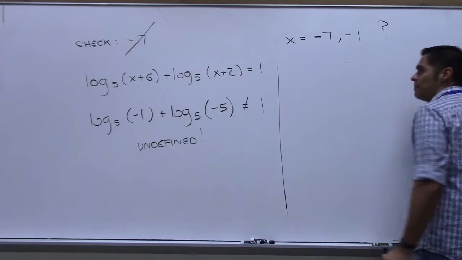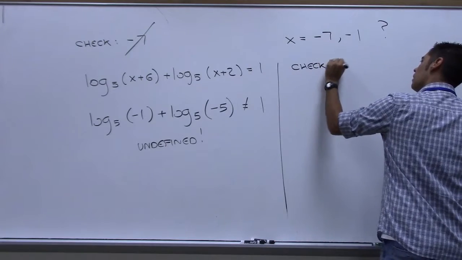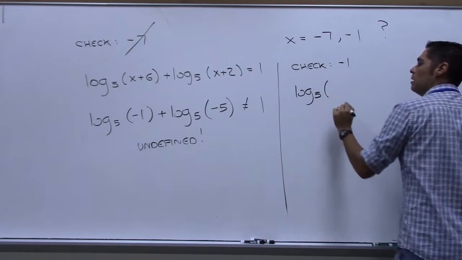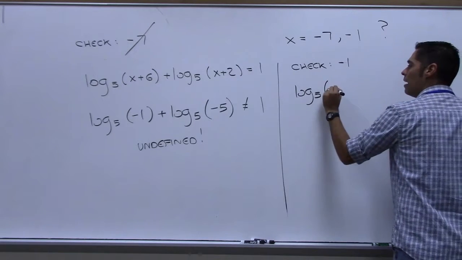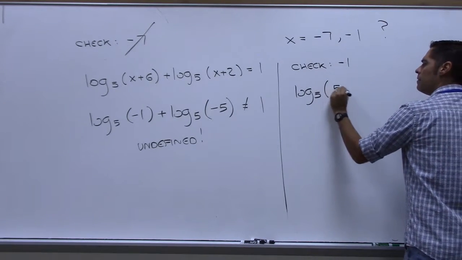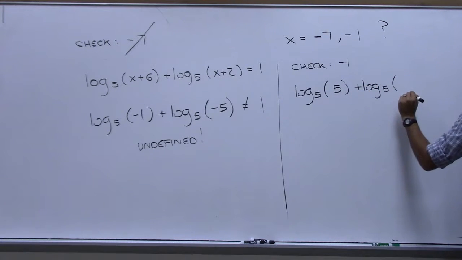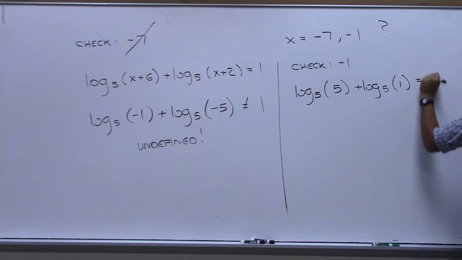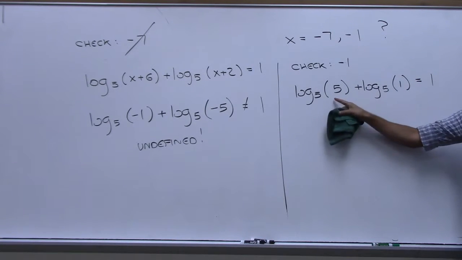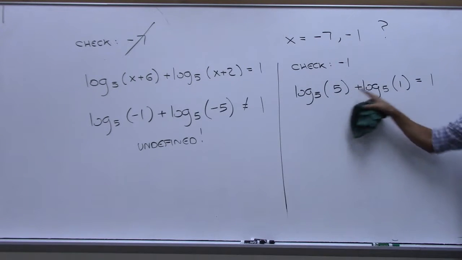I've got to do the same thing now. I'm going to check -1. Let me go ahead and plug -1 in. What would I get for that first one? Log base 5 of 5 plus log base 5 of 1, and then does that equal 1? I don't even need to check that it equals 1. I just need to make sure these can be evaluated, which they can, because they're both positive inside the arguments, so I'm good to go.